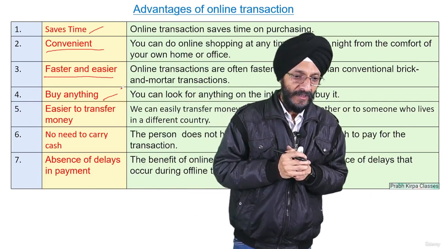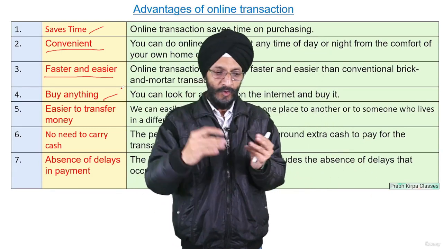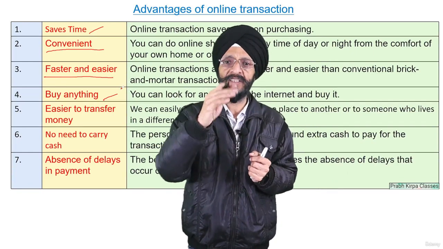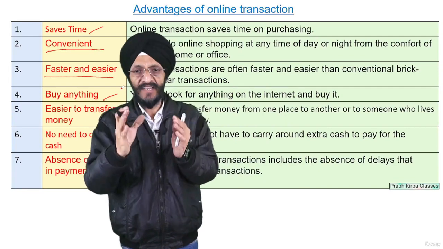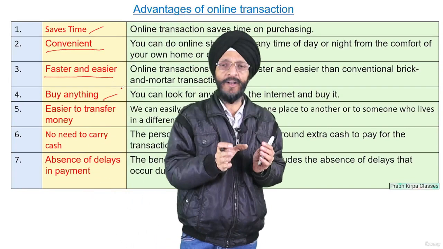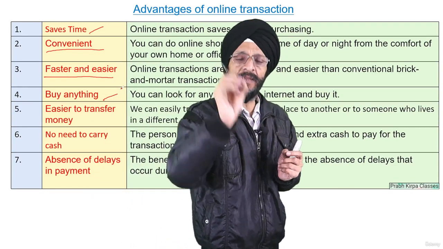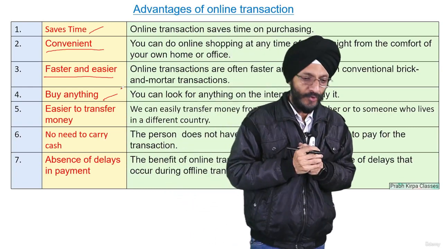So when you are doing online shopping or online transaction, you can access any online e-commerce site and go through their catalog, and you can select any number of products you want.